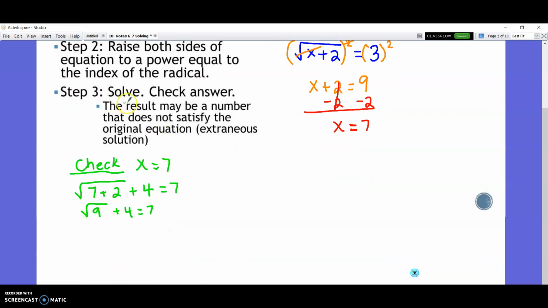Now when we're solving, we're only going to take the positive root. So the square root of 9 is just positive 3, not positive and negative 3, not when solving. So does 3 plus 4 equal 7? 3 plus 4 is definitely equal to 7. That means that x is equal to 7. So we checked our answer and it is correct.